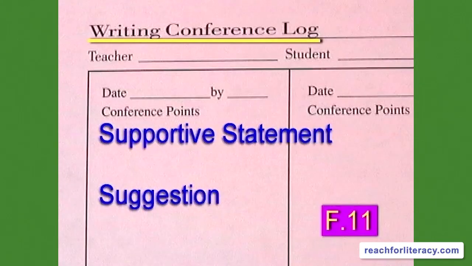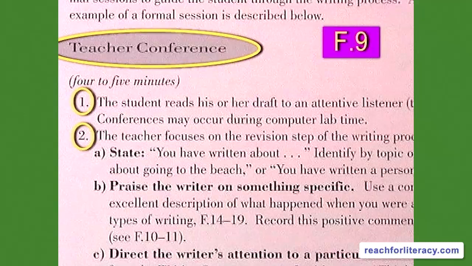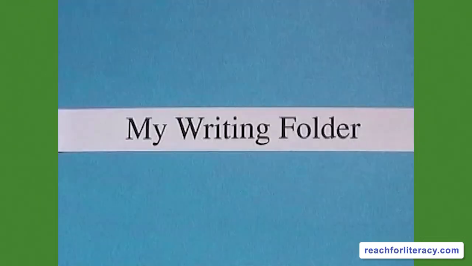Now I need to move you through the conference log on F9 and F10 and how you would interact with the student as they would be working out of this particular folder.